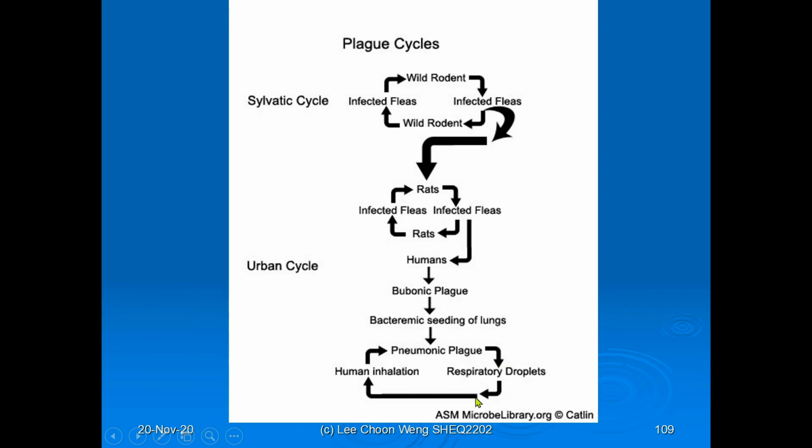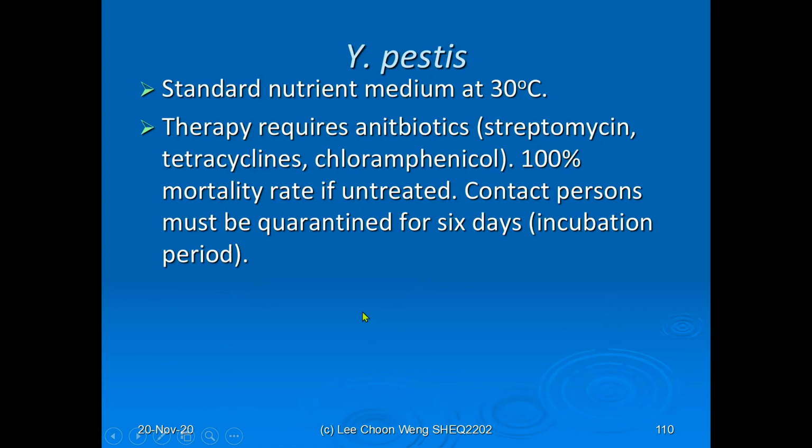Then this becomes the more contagious stage of pneumonic plague, which is why contact persons must be quarantined for 6 days, because it is easy to spread when it reaches its pneumonic stage. Therapy requires antibiotics, and there is a 100% mortality rate if untreated.